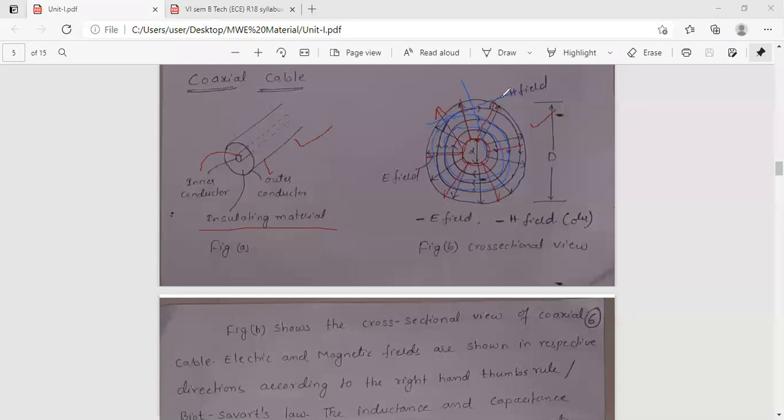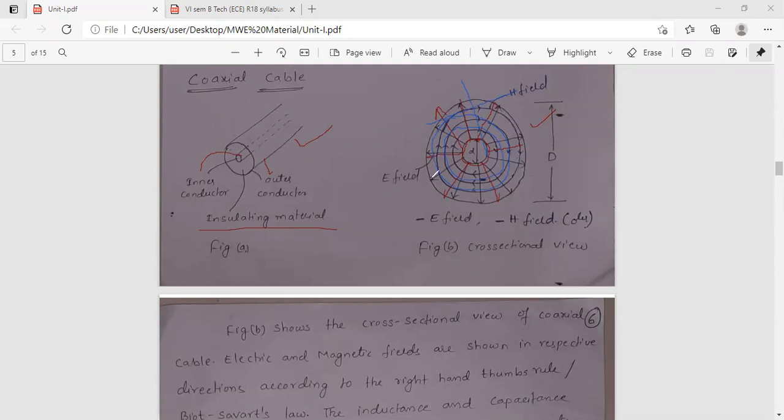So it is called a transverse electromagnetic wave. TEM waves are possible to propagate using this coaxial cable.